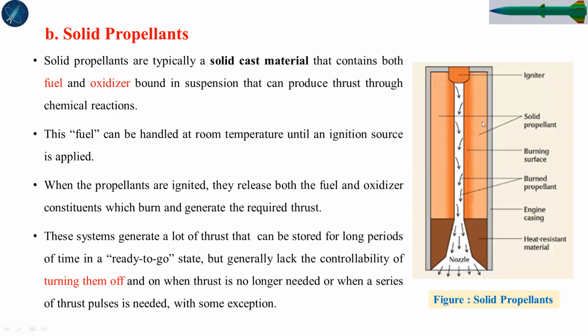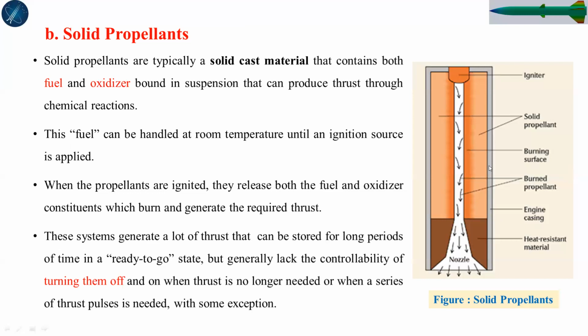So this is the solid propellant, how it is burned and how energy is released from it. The igniter is situated here. Once it ignites, immediately the inner surface catches fire and high energy gas comes out into the nozzle. So this is the burning surface inside here. There are some surfaces which are inhibited, not allowed to burn, and other surfaces are exposed to burn. Burned propellants come out like this.